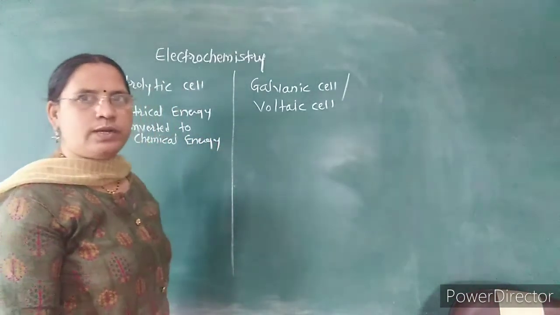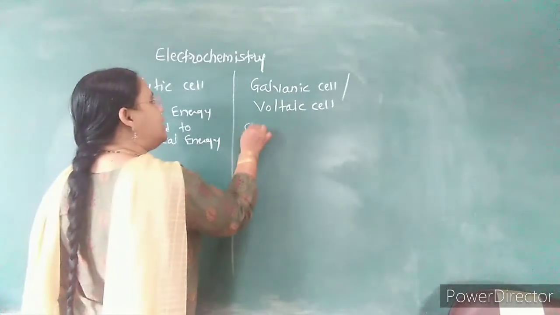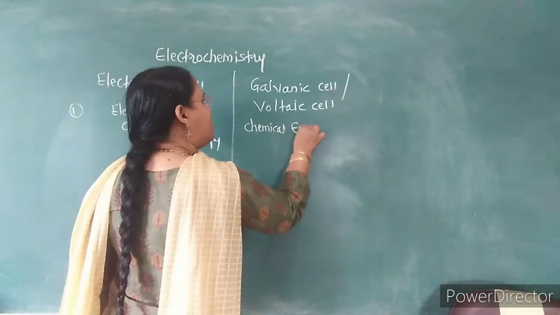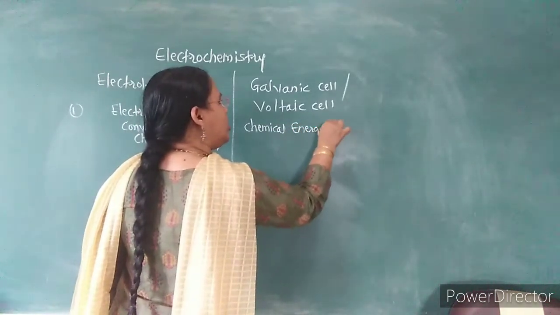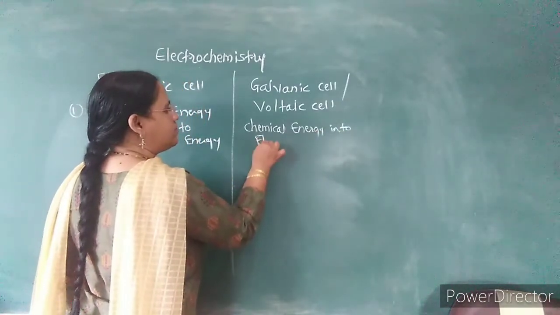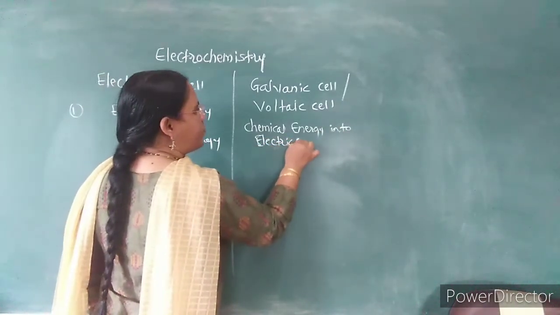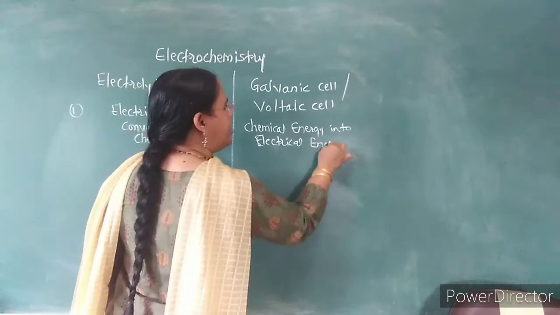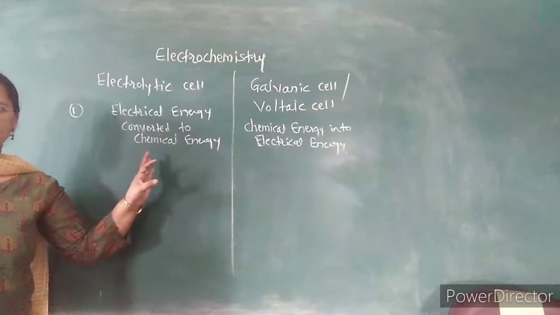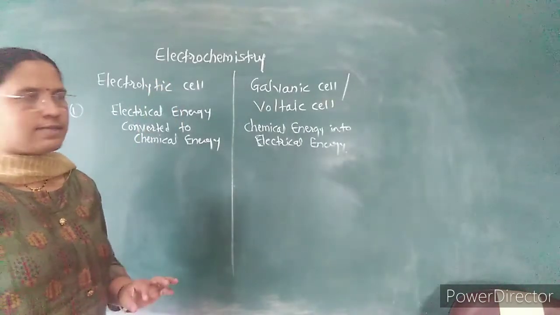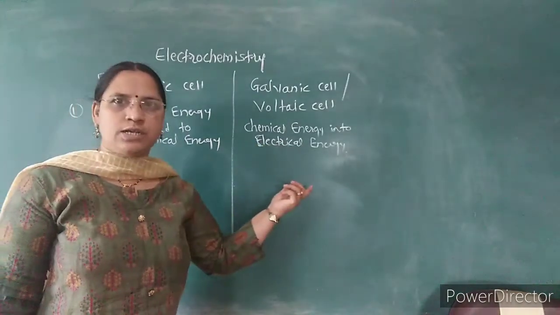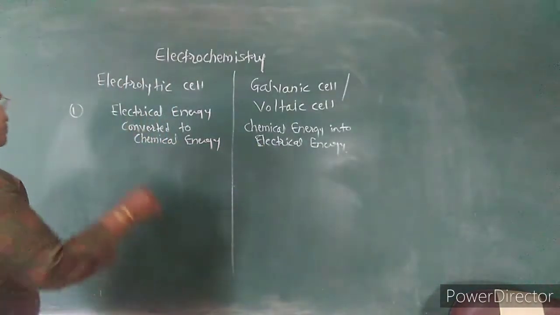It is a device, or a cell, which is used to convert chemical energy into electrical energy. So a device which is used to convert electrical energy to chemical energy is called the electrolytic cell, while in galvanic cell or voltaic cell, chemical energy is converted to electrical energy.